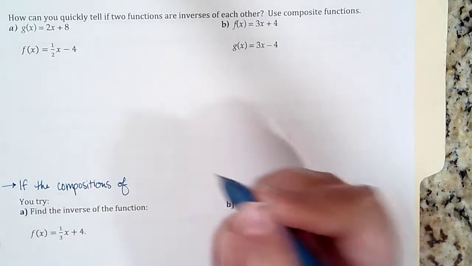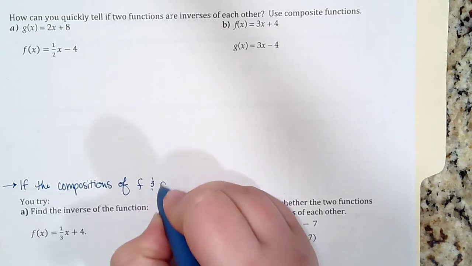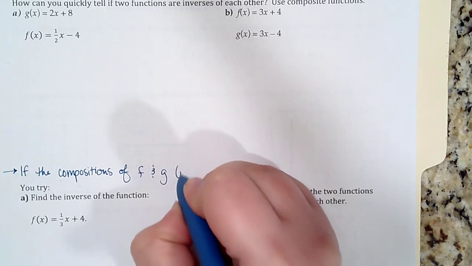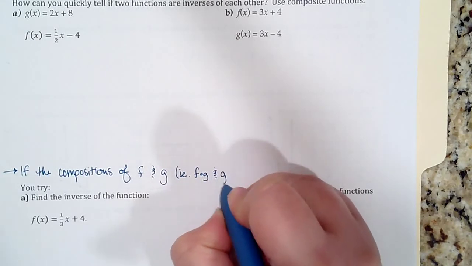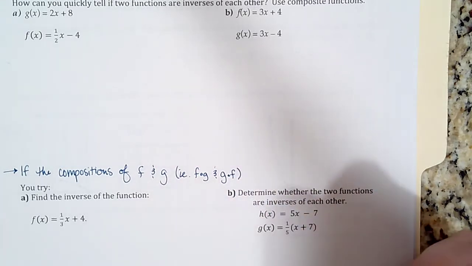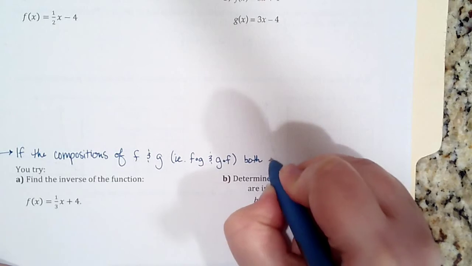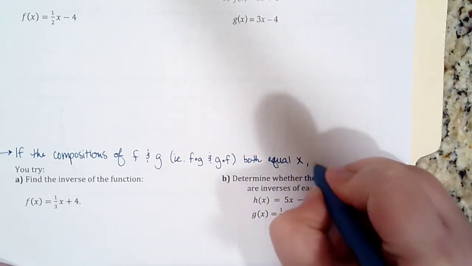If the compositions of both functions f and g, i.e. this is the same thing as f of g and g of f, if the compositions both equal x, they are inverses.